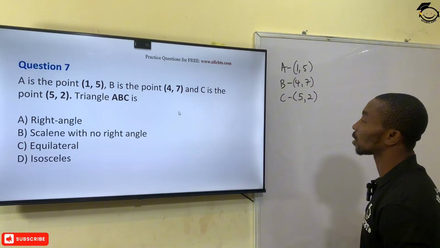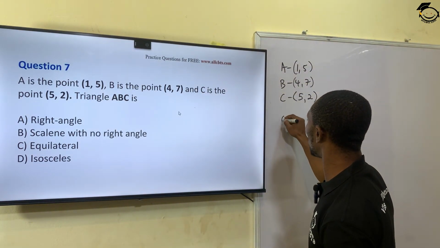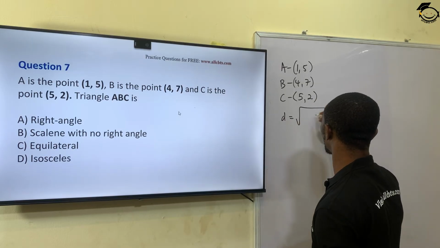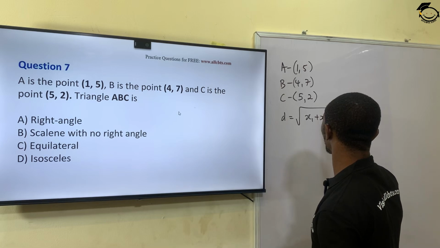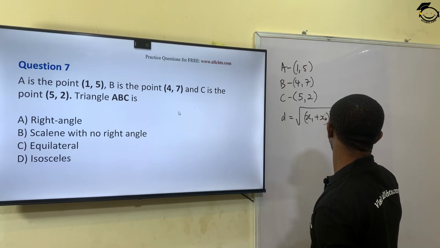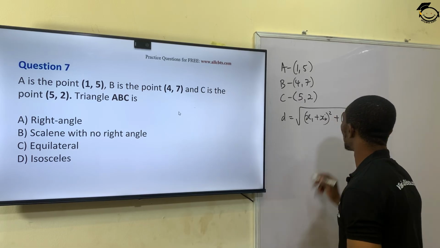For us to find the type of triangle that is formed at these points, we'll find the distance. And we know in calculating distance, we have the root of x2 minus x1 all squared plus y2 minus y1 all squared.